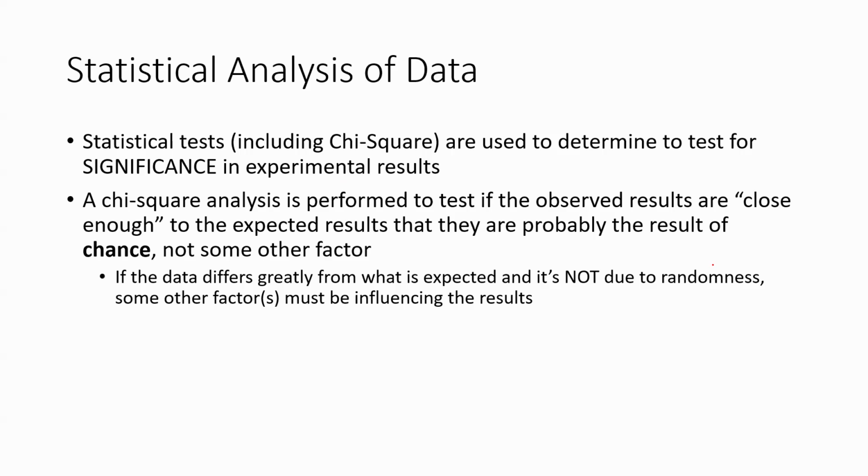The idea here is that you set up an experiment and you have now received a result. You want to know if the result that you have received is so different from what the norm would be that your results are valid. You want to validate your results, so you can use a chi-square test to do this. As it mentions here, the chi-square analysis is performed to test if the observed results are close enough to the expected results that any difference between observed and expected is probably due to chance.